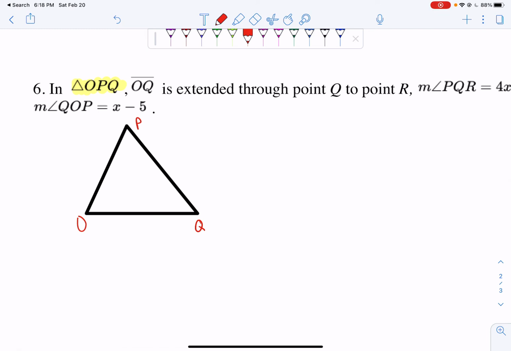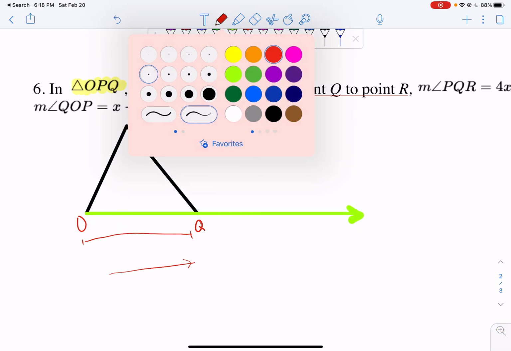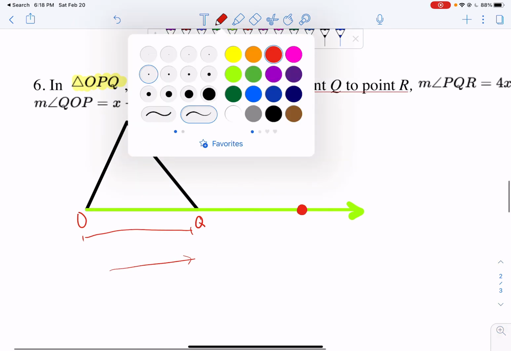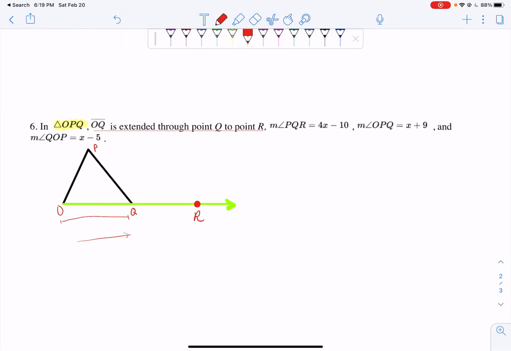OQ is extended through point Q to point R. So I'm extending this line segment through Q. When I draw an additional line segment, I'm saying OQ is extended through point Q to point R. Now I have all the information on my image.